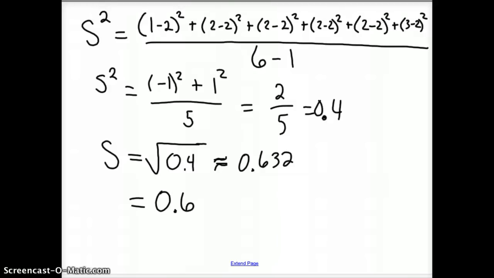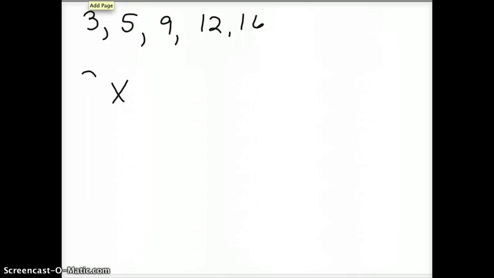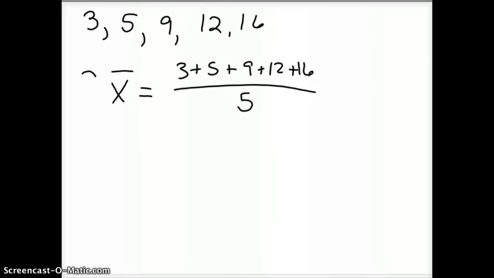Okay, the Black Lab puppies. The first litter had 3, then 5, then 9, then 12, then 16. To find your sample standard deviation with this, first off again you need X bar, which is 3 plus 5 plus 9 plus 12 plus 16, all divided by the number of samples that we have, which is 5. That's 45 over 5, which is 9. So the mean of our sample is 9 puppies.